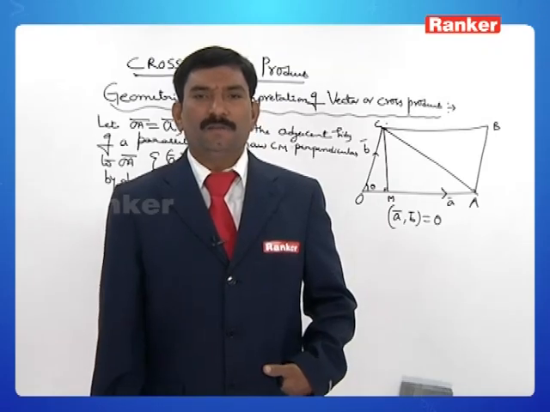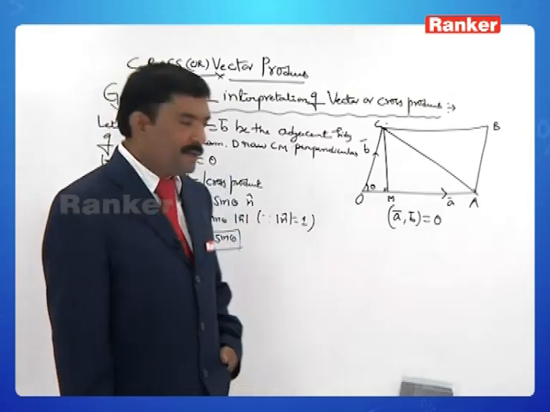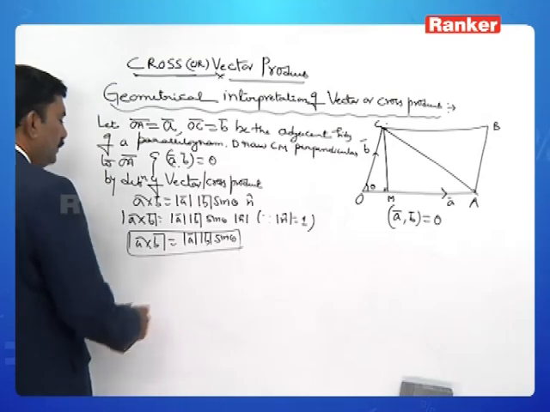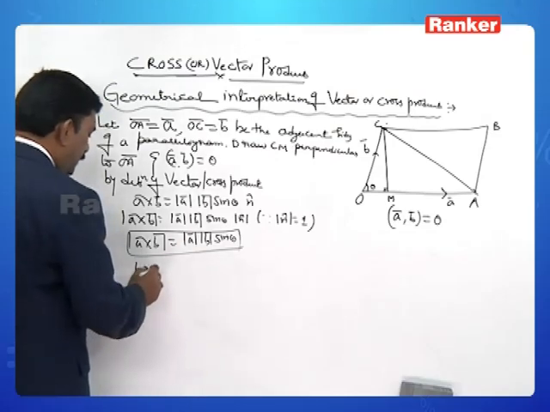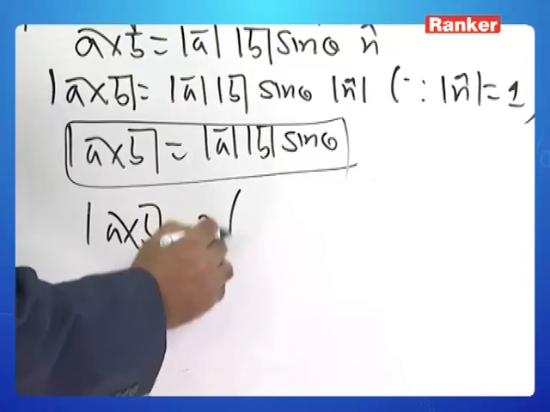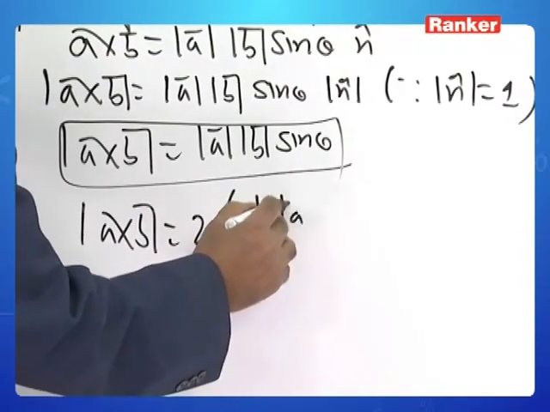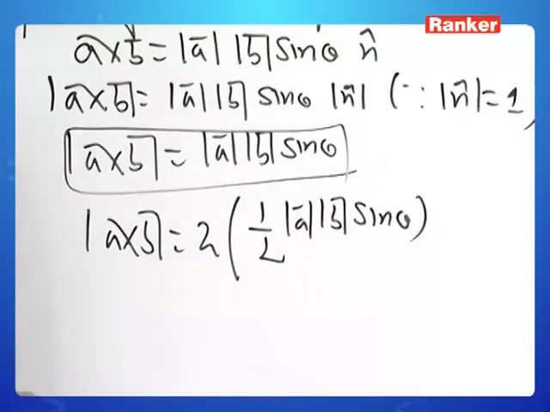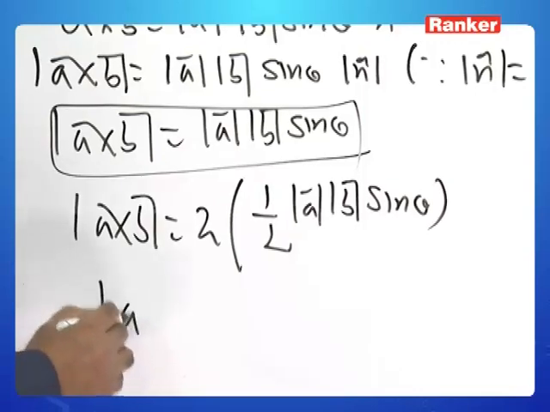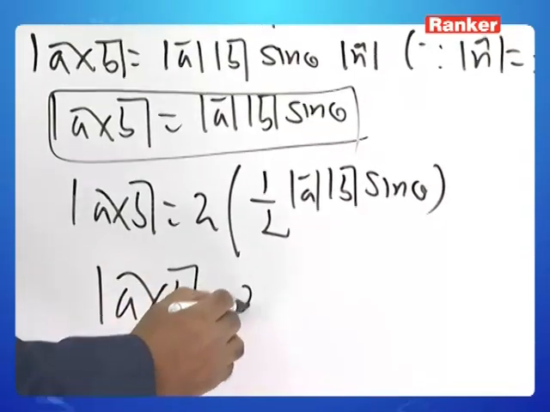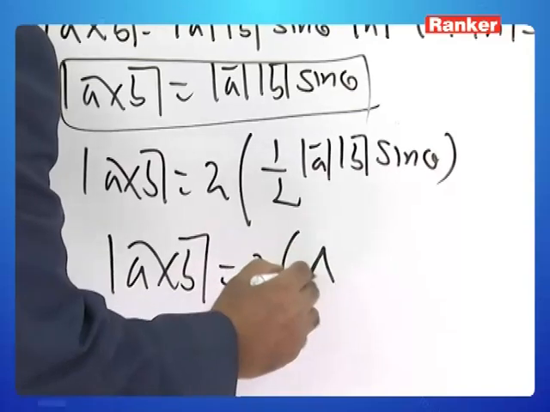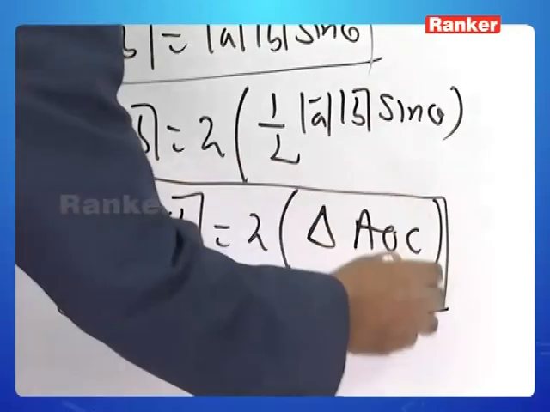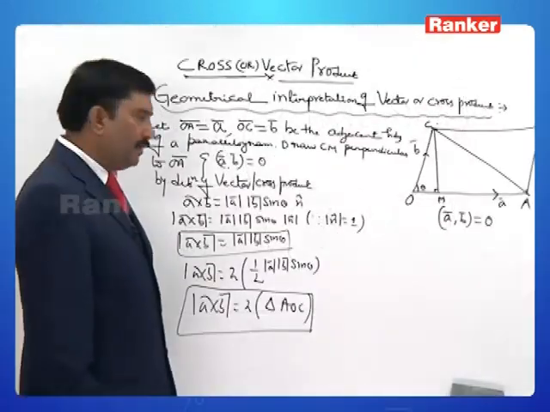A and B. Similarly, A is the angle between B and C. So therefore, now I can write modulus of A bar cross B bar is equal to 2 into area of triangle AOC.